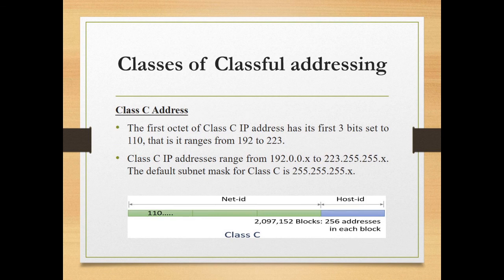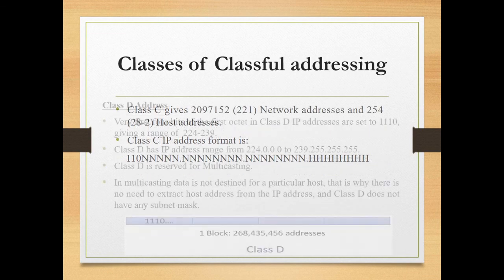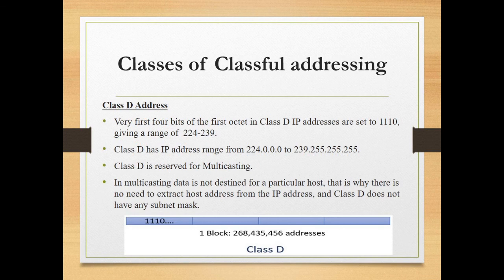Class C address. The first octet of a class C IP address has its first 3 bits set to 110, that is it ranges from 192 to 223. Class D address. The very first 4 bits of the first octet in class D IP addresses are set to 1110, giving a range of 224 to 239.